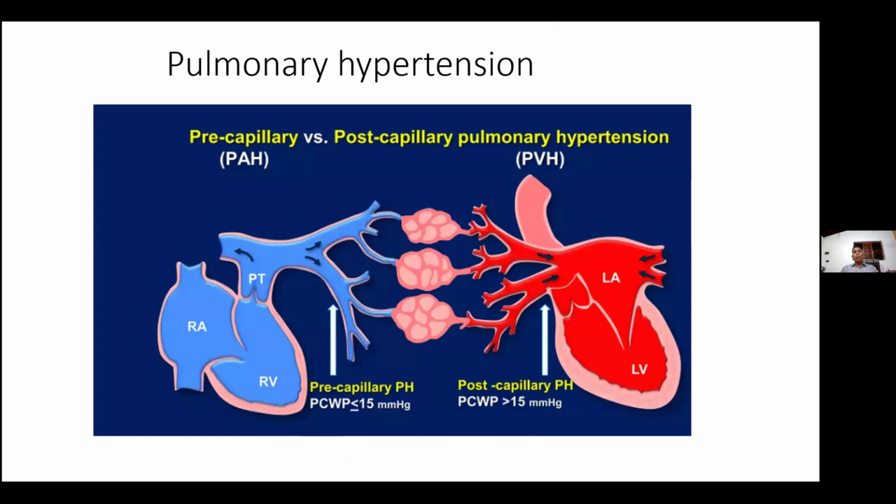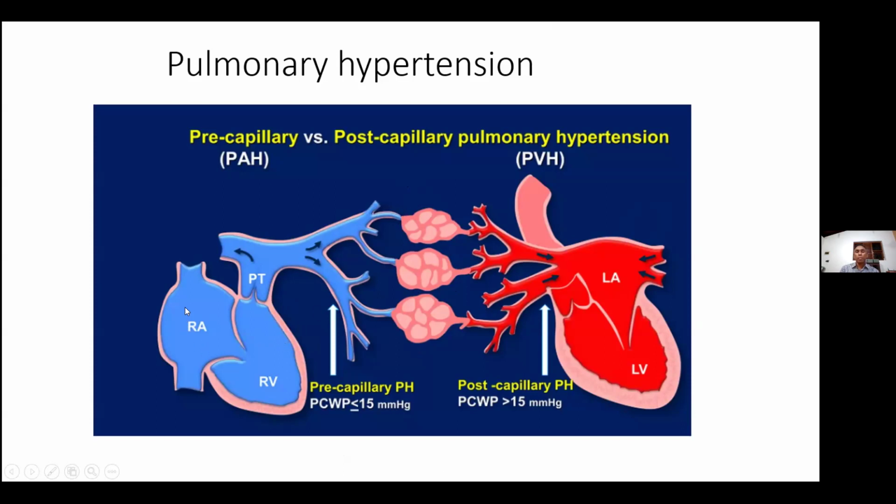Pulmonary hypertension. This is probably the last one I will be talking on. There are two types of pulmonary hypertension. If you see this image, this is the capillary, the alveoli at the center. The capillaries are either side of the alveoli.